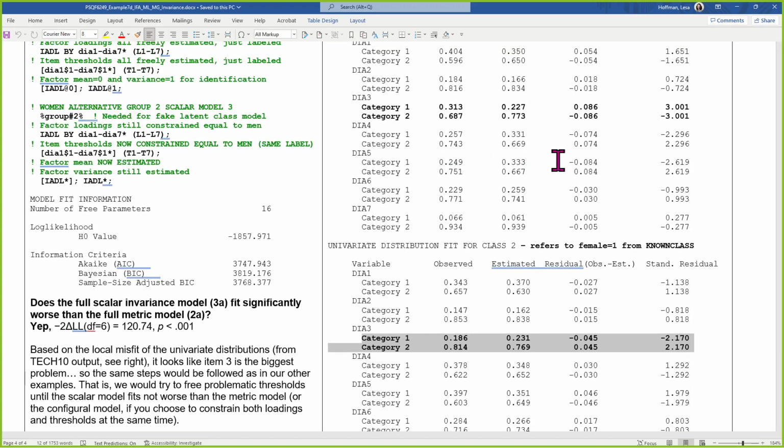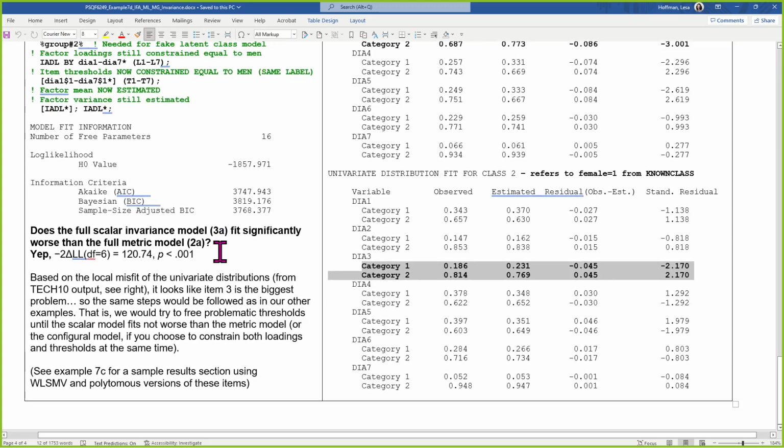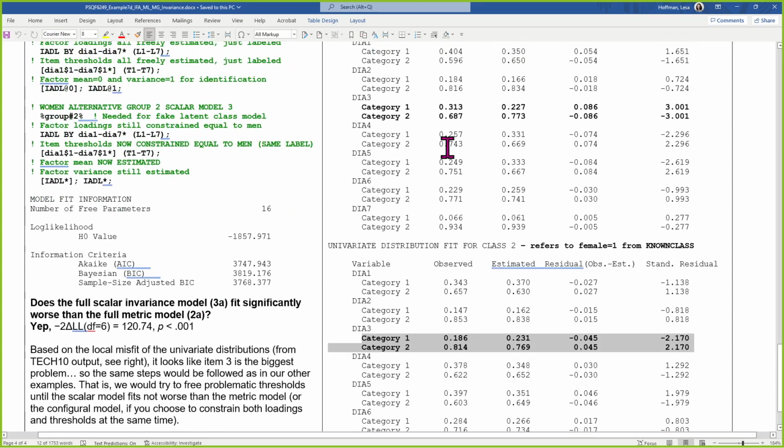So this is a potentially more painful process. But I wanted to show you an example of what the code would look like, but I did not go through and try to figure out what was wrong with it. I gave up at that point. But item 3, cooking, probably part of the issue here.